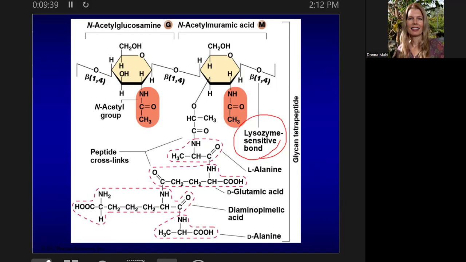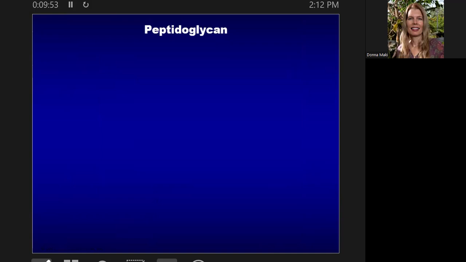And then they're showing the 4 different amino acids. They call them peptide crosslinks. The 4 amino acids off of one NAM will bind to the 4 amino acids of the neighboring chain. So basically, when you zoom out and look at it, it's really like a sheet of these chains of peptidoglycan with those peptide crosslinks between neighboring chains.